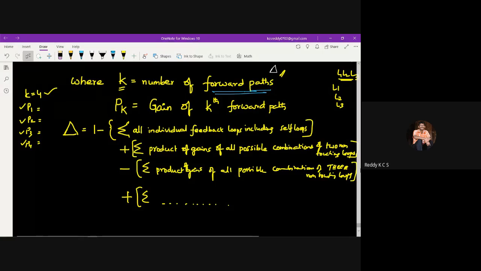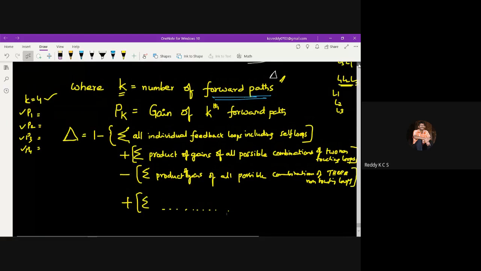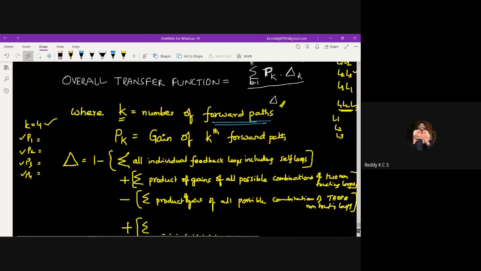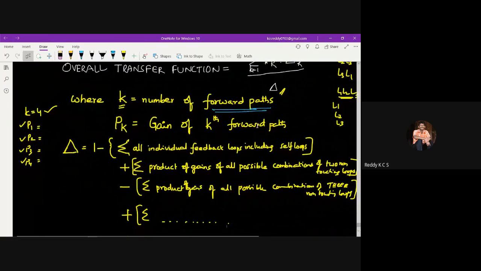One more parameter left over in Mason's gain formula is del k. What is del k? First we need to write the number of forward paths, then Pk, then the del equation. The del equation says 1 minus the summation of all these terms, to be written first. Once you write this equation, then we go for writing the del k equation.